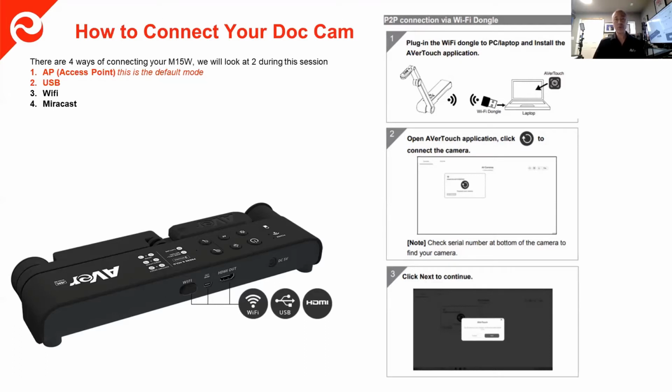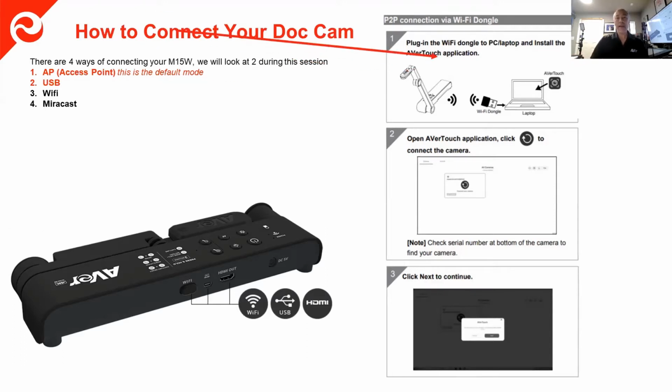There is a USB dongle, such as this. Hopefully you can see that. It's very small. This connects to your USB port of your laptop or your desktop. And once this is connected, it will recognize your document camera when you turn it on. And I'll go over that in just a little bit.